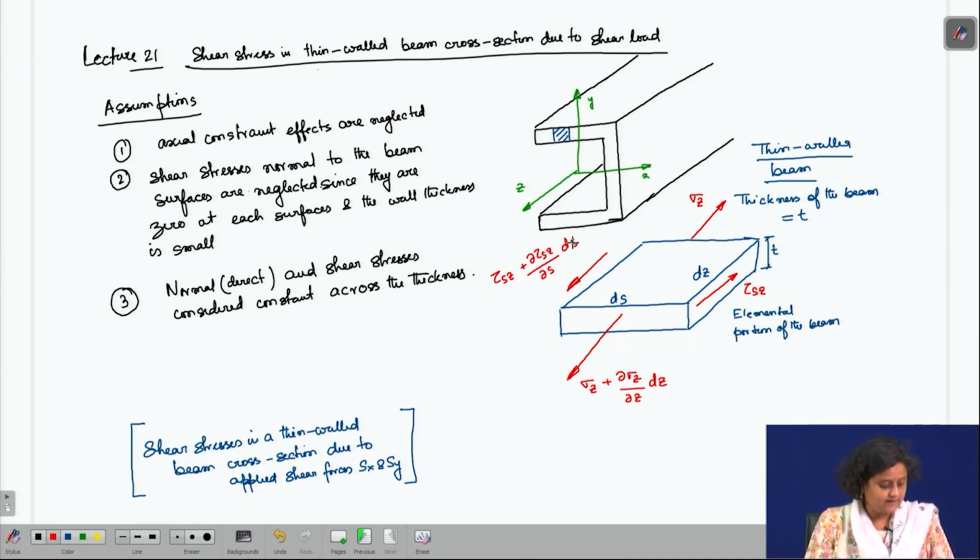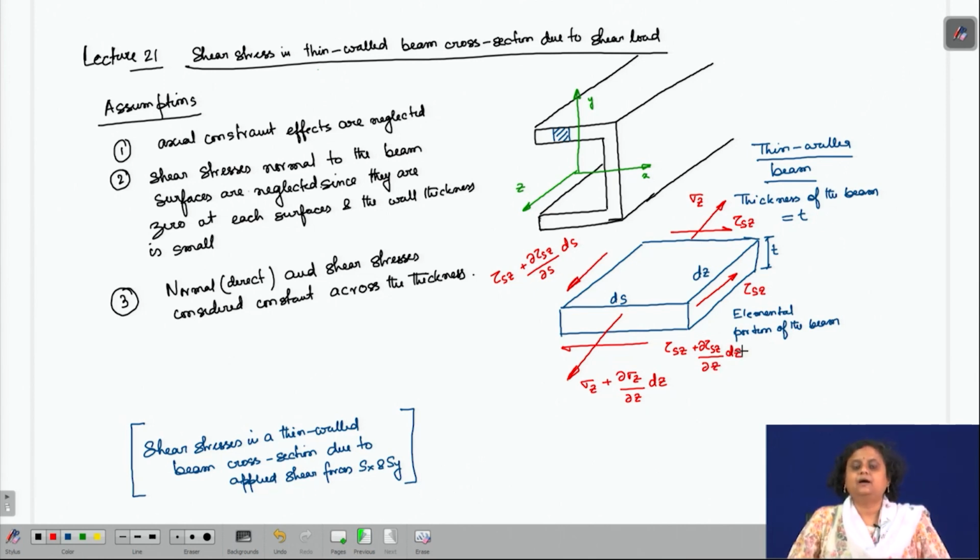Similarly, we have tau s z here, and in the opposite direction we have tau s z plus del tau s z by del z into dz. These are the stresses acting on an elemental portion.